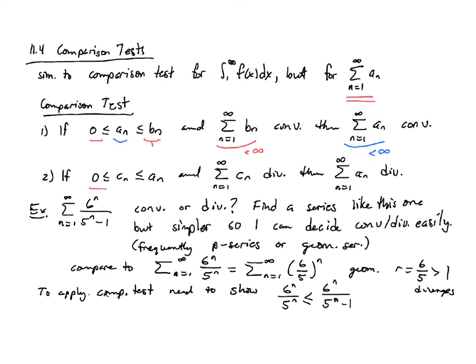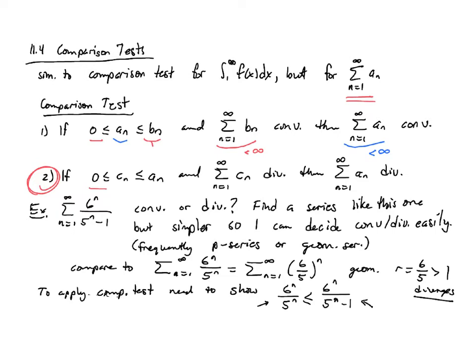Right, so this is using part 2 of the comparison test, where I'm going to be comparing to a series that diverges. So I want to conclude that my original series diverges, and so I need to show that the one that I understand is less than or equal to the one that I want to understand.